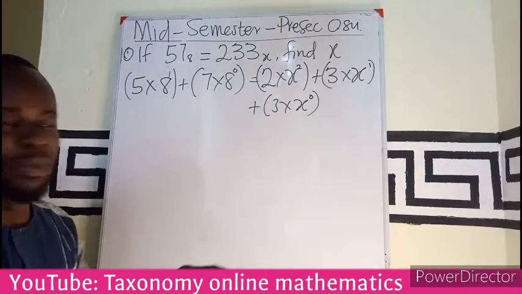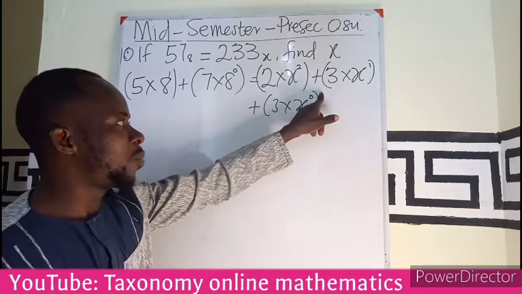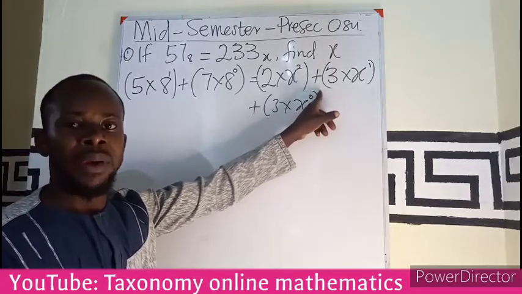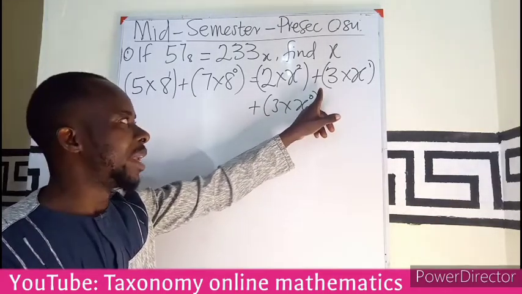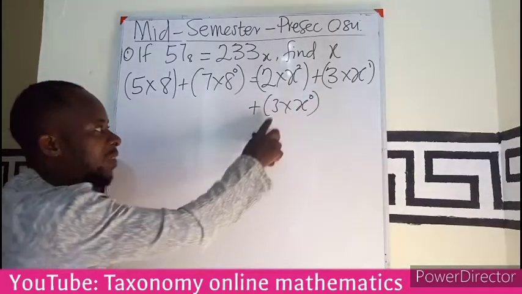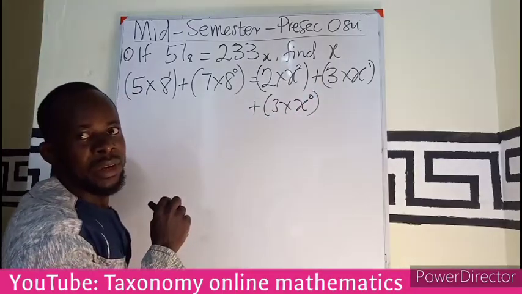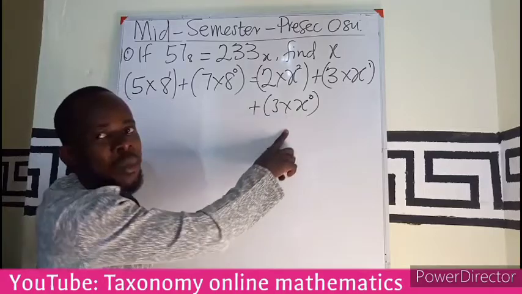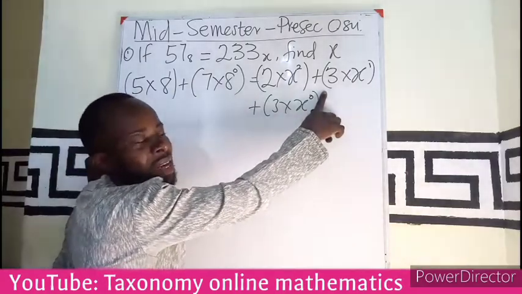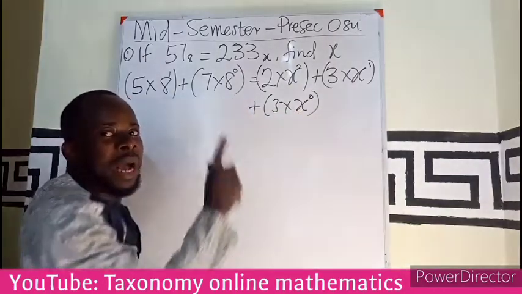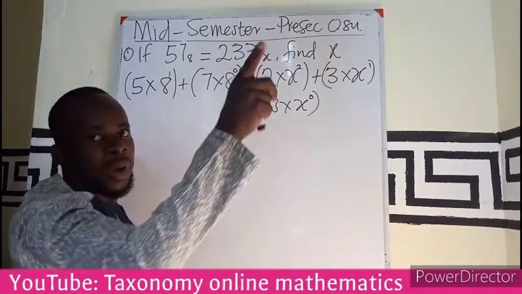Sometimes some of the mistakes we make is that we put the exponent outside the bracket. The moment you put the exponent outside the bracket, it affects all the elements in the bracket. So in this case, the whole of this becomes 1 if the 0 were to be here. But in this case, it's only the x that will become 1, whilst the 3 will multiply the 1.